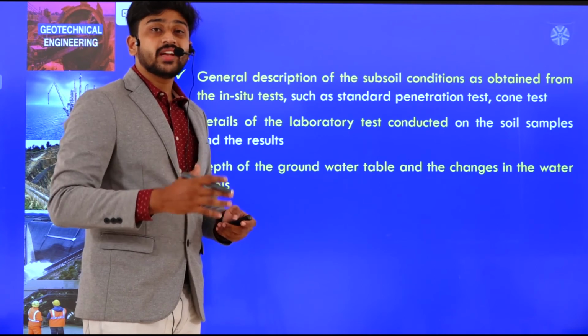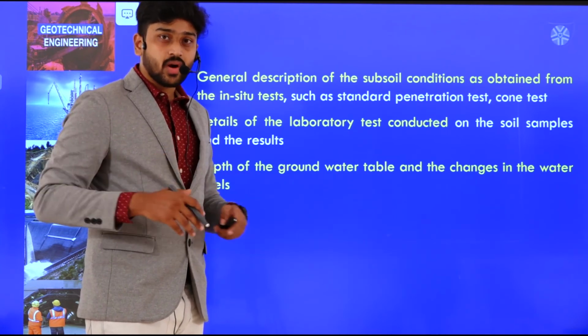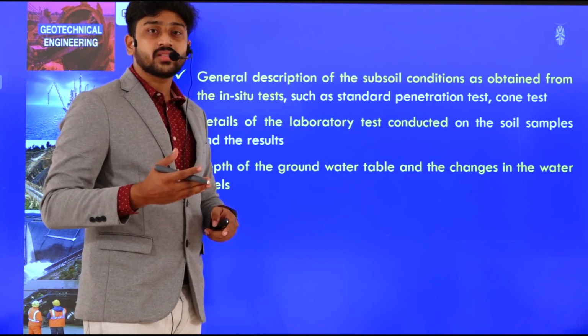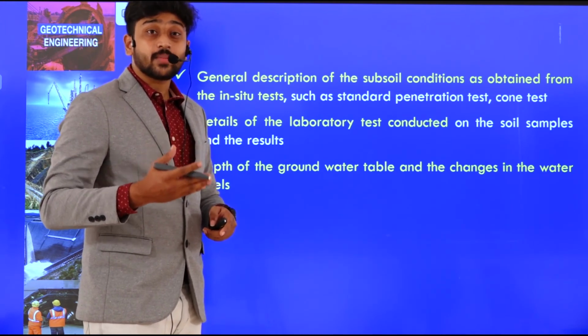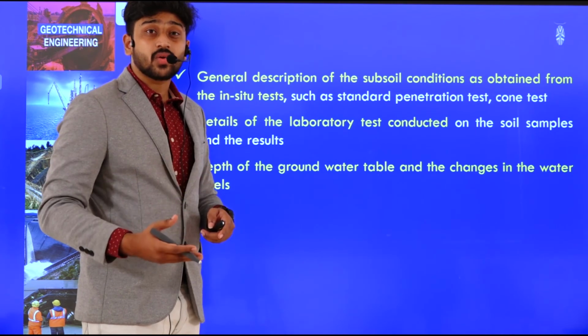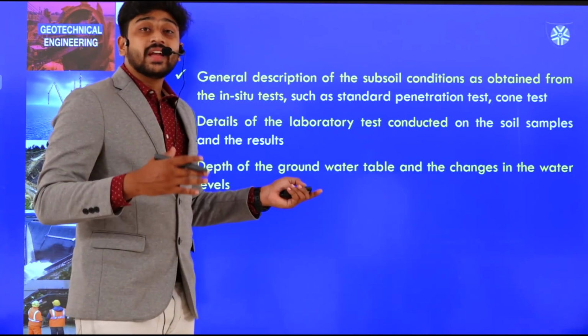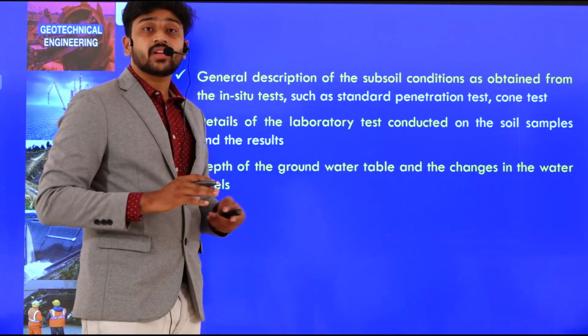That means we need to indicate at this proposed construction site what the ground levels are as well as the depth of water present below the ground level. And apart from that, we will indicate the changes in this water level also.